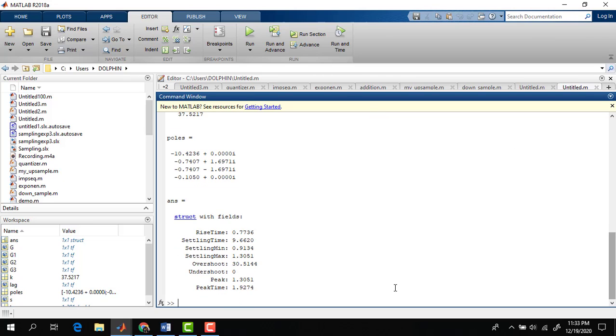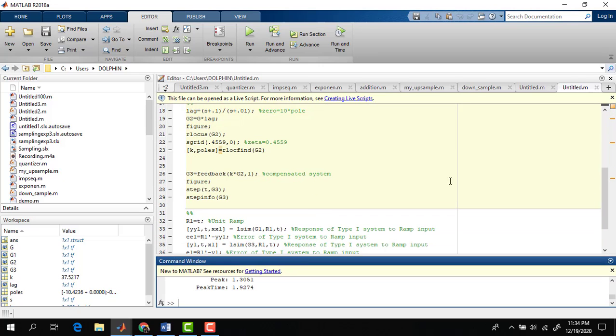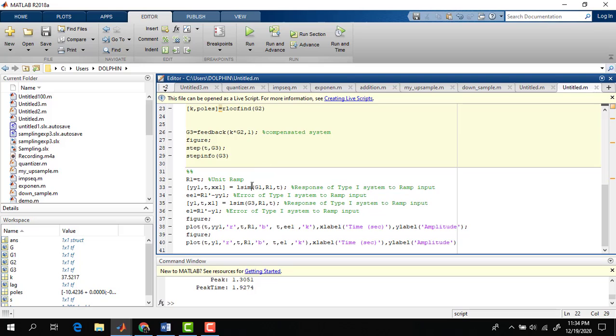And for the compensated system, the overshoot is 30%, which is again close to 20, because we are using the formula of a second order system, but the order is 3 here, so it will not be exactly the same, but it will be very close. So our task was to improve the steady state error, and let's see how the steady state error has worked out. So this is our final stage.